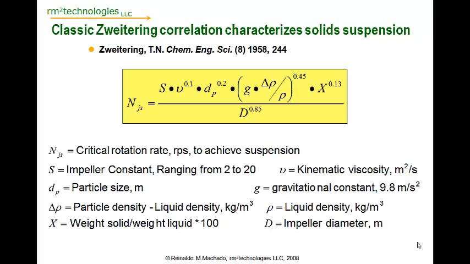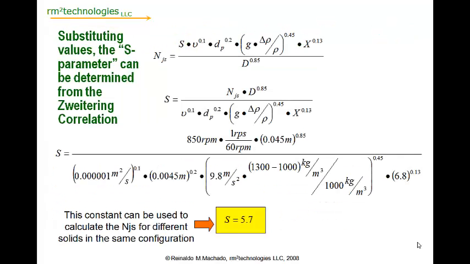A critical parameter, however, is the S constant. That constant is a function of the laboratory or the plant equipment and must be determined empirically. From the previous example where we measured the NJS, we can now reverse calculate the actual S parameter used for the Zwietering correlation.